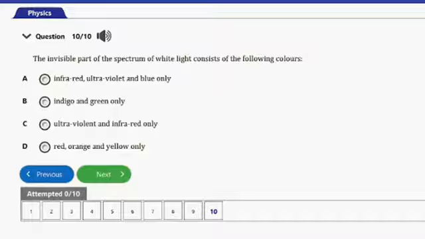So guys, the answer to this question is option C, ultraviolet and infrared only. So the visible light is actually bound by these two waves. That's the ultraviolet light and the infrared light at both sides. So that's it for this question. Option C is the answer to this question.